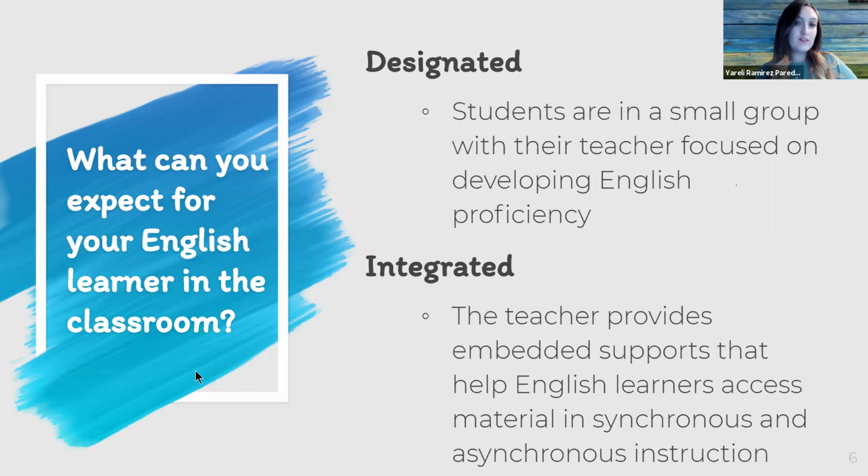Students also receive integrated English language development, which is when the teacher provides embedded supports that help English learners access material in synchronous and asynchronous instruction. These embedded supports can be visuals such as pictures with labels, sentence starters, and time for students to practice speaking.